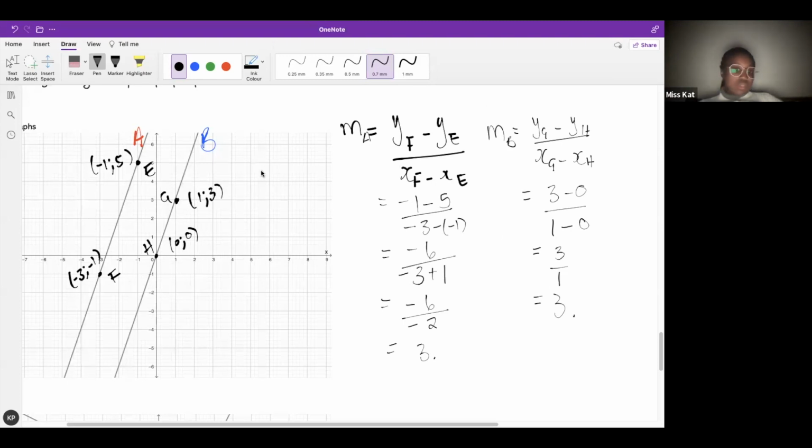Now, what do we notice about the gradients? They are both 3. So these are special lines, guys. What are parallel lines? Do we know what parallel lines are?